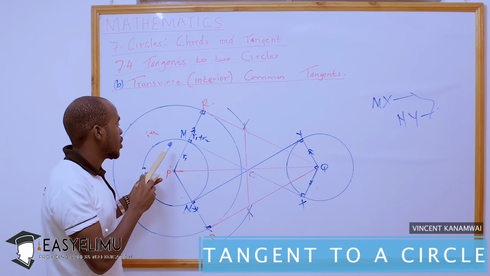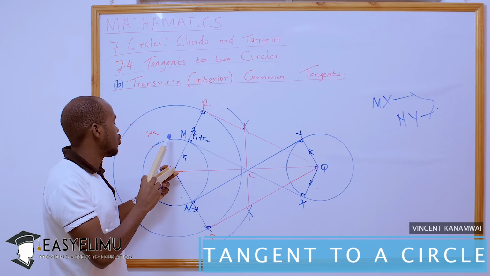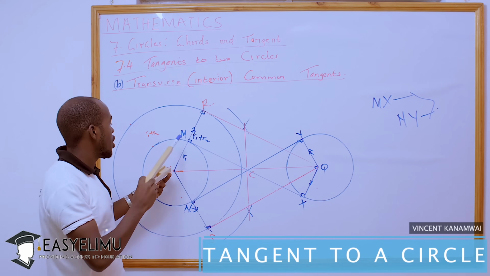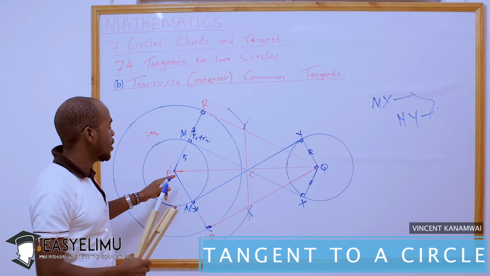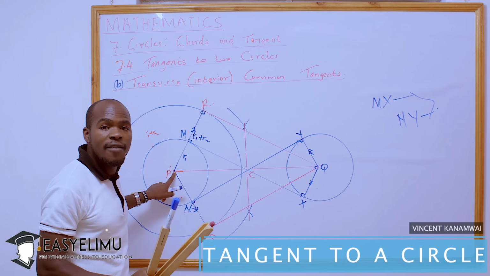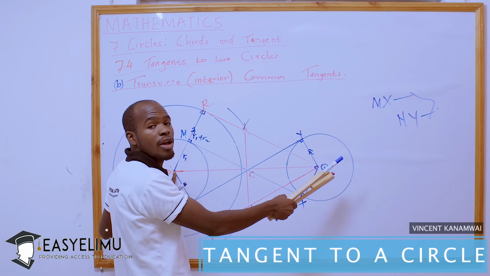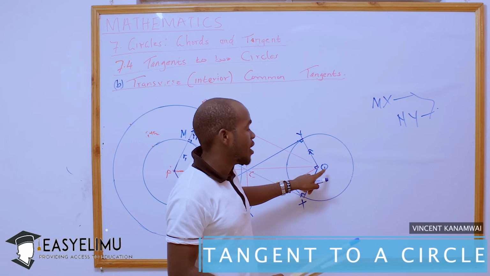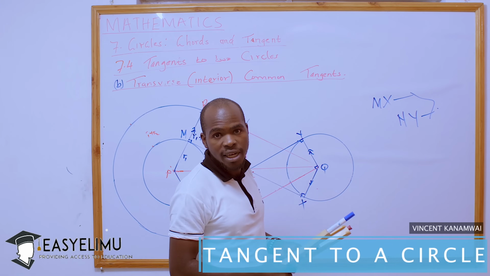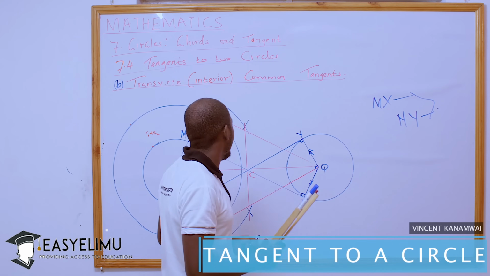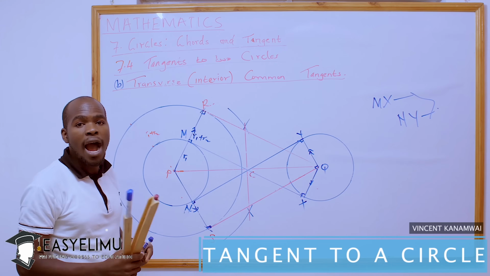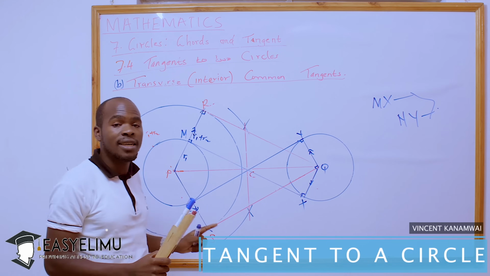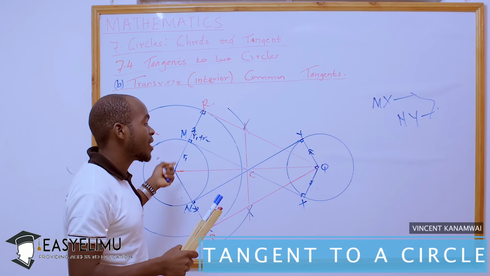Draw two circles. The first circle, use a center of any letter of your choice. Draw a circle. After drawing, from your center, measure 7 centimeters to the other circle. Then where the 7 centimeters ends, draw another circle of 2 centimeters radius. That will determine that the two circles have their centers 7 centimeters apart, but each has a radius of 2.